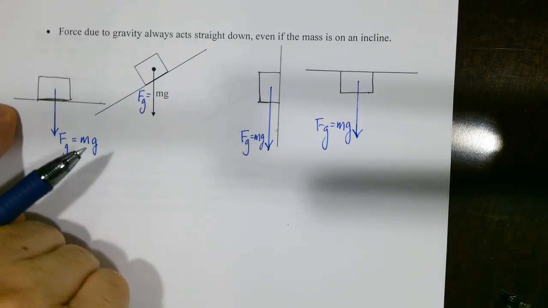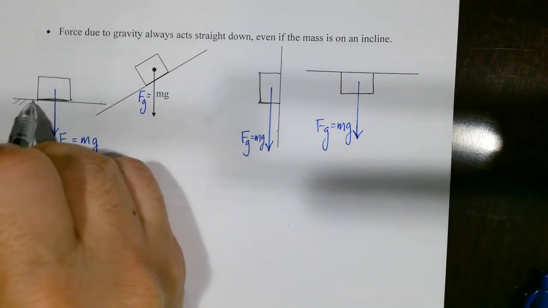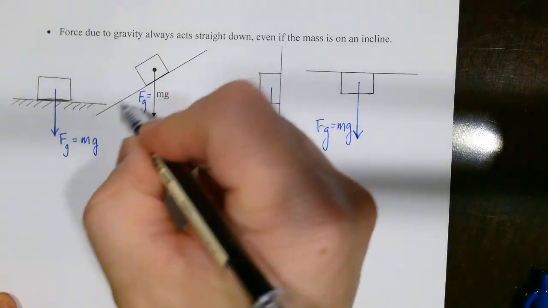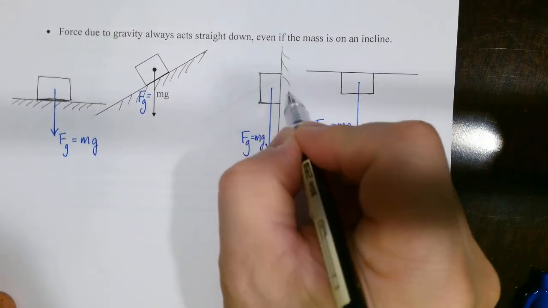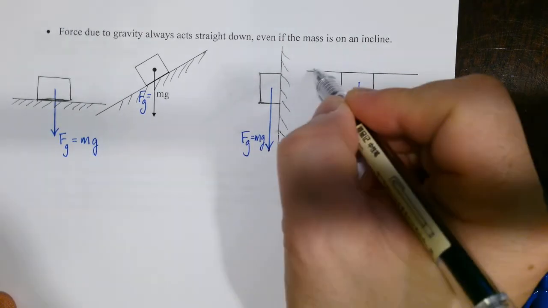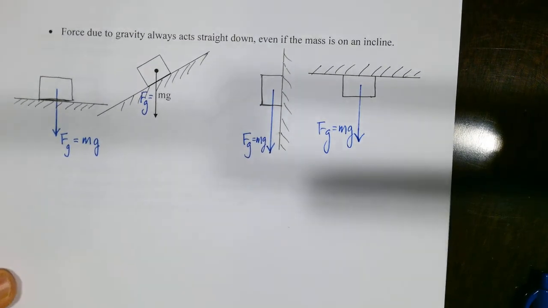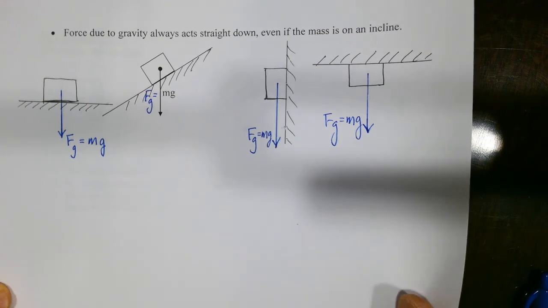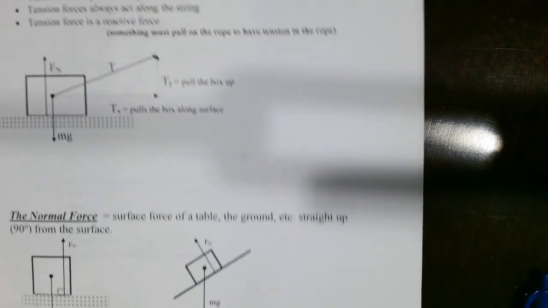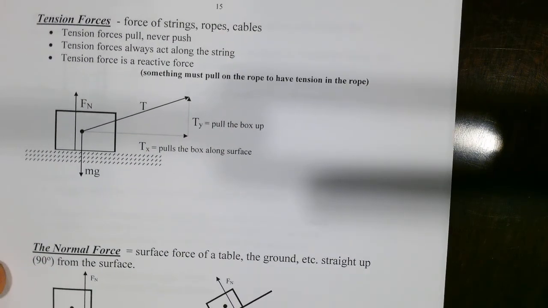So whether it's horizontally flat on the surface like so, or on an incline like this, or on a wall, or on the ceiling, it doesn't matter. Fg will always point straight down. All right. So that was weight or gravity, force of gravity.